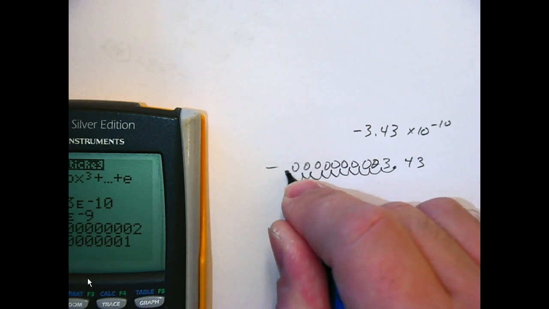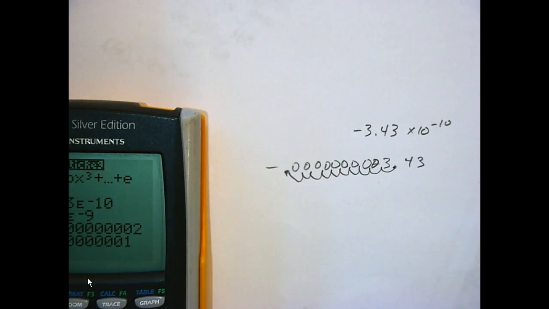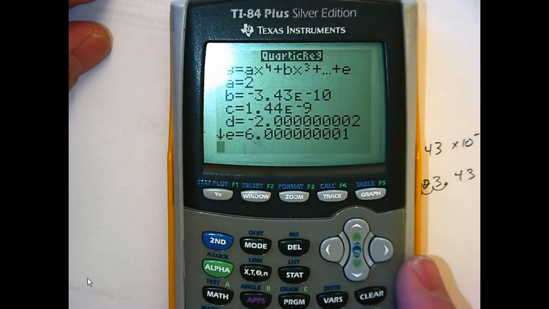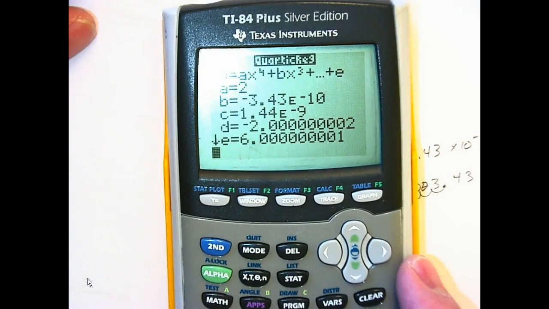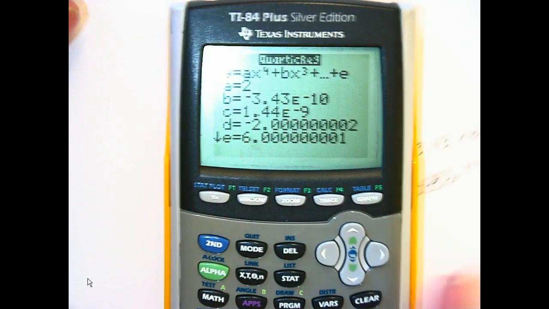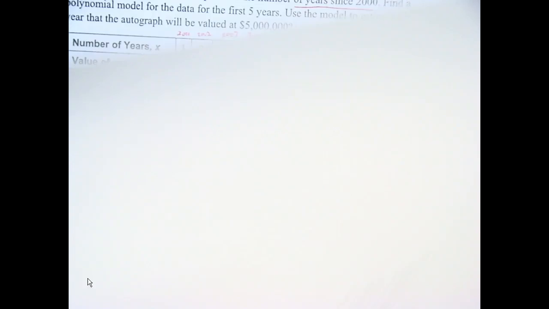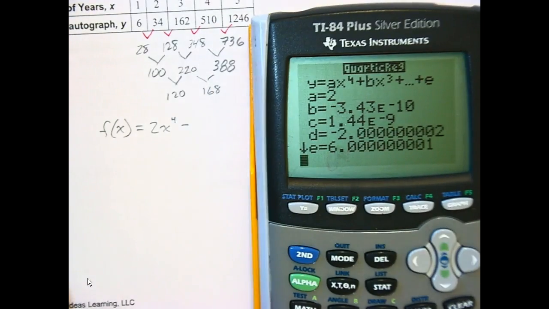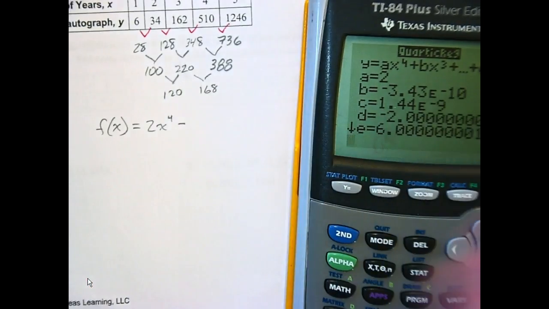So we are really, really close to negative 0, which is just 0. So when your calculator spits that out like that, you just put 0, because there's just a bunch of residual junk that your calculator's calculating there. It is 0. So our b term is actually 0. Okay, so we have 0x cubed.